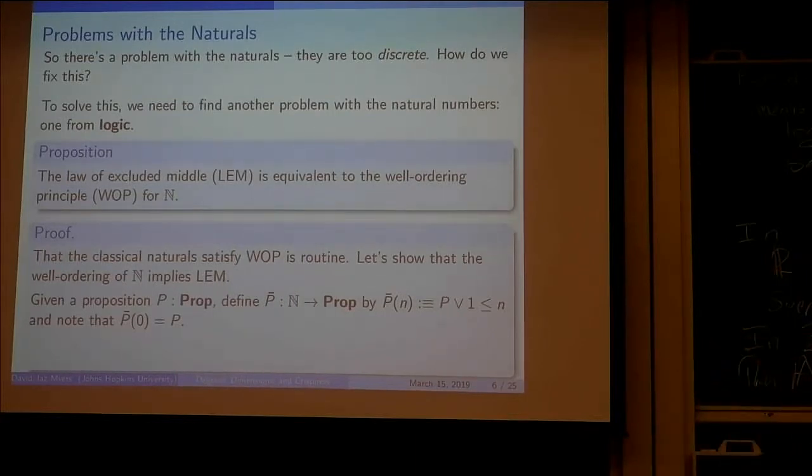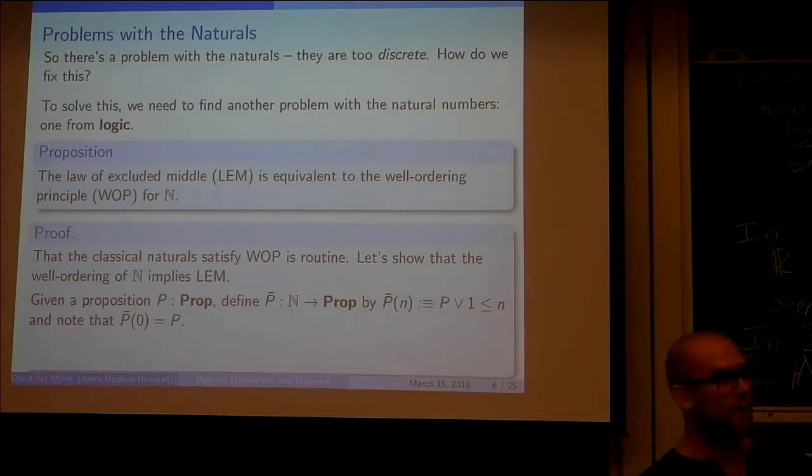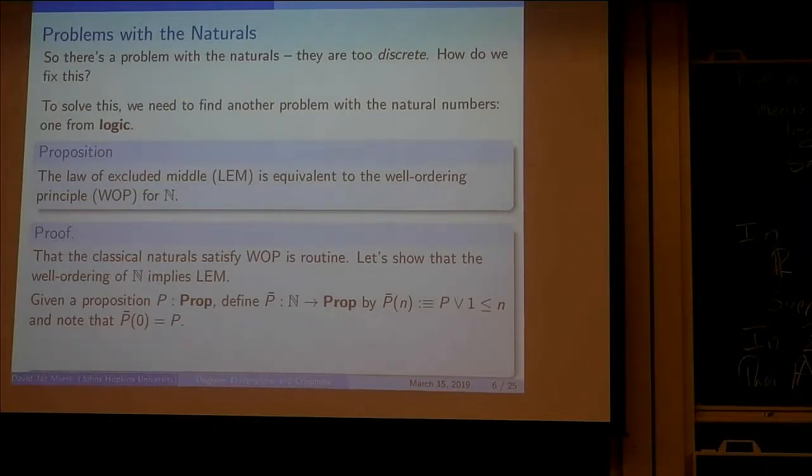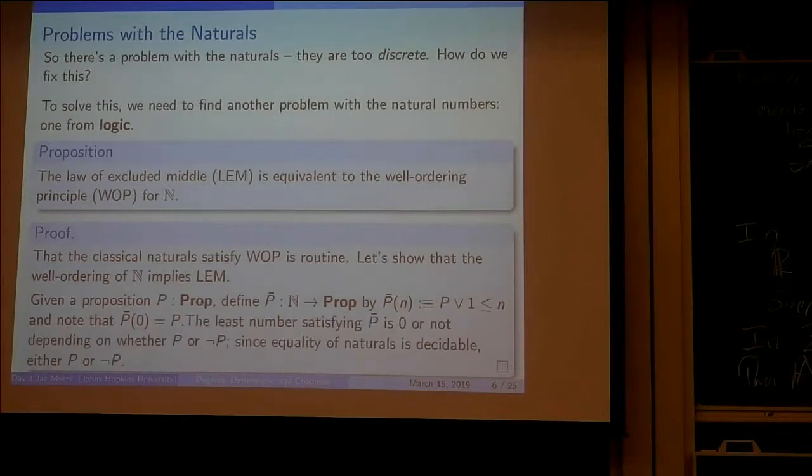So your number is bigger than 1, or P. Note that if you plug in 0 to this, it reduces just to P. In fact, 0 is the least number satisfying this proposition if and only if P is true. And 1 always satisfies this proposition. So the least number has to come from 0 or 1. And therefore, the proposition has to be true or false, because equality of natural numbers is decidable.